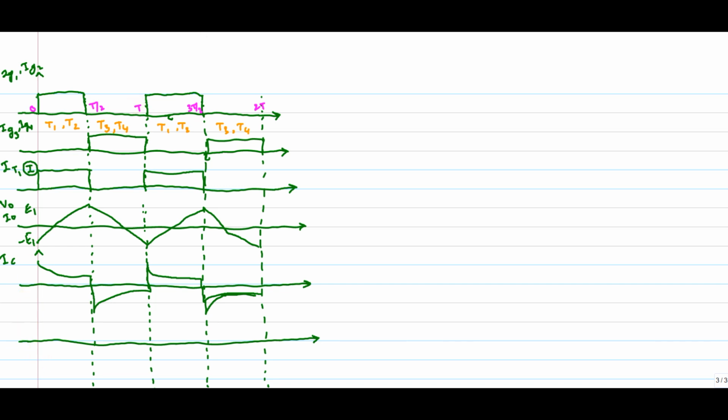EDC is increasing, then again it comes to 0, and it increases like this, again comes to 0, and increases like this, again comes to 0. This is almost equal to the load voltage only, but with small curves because of the inductance.